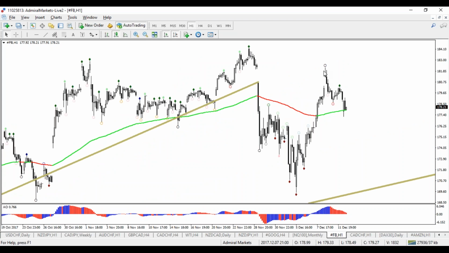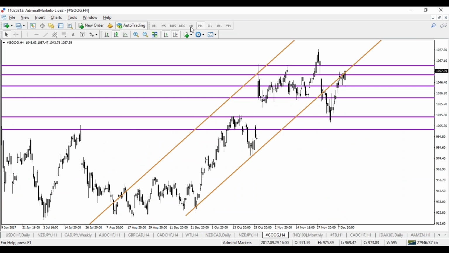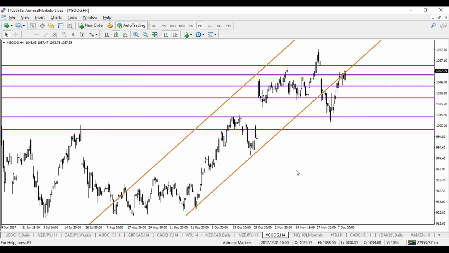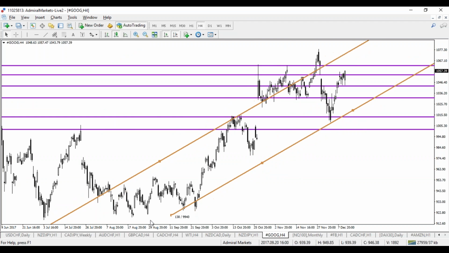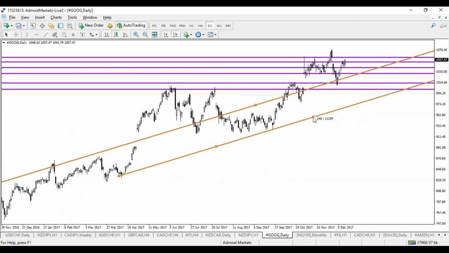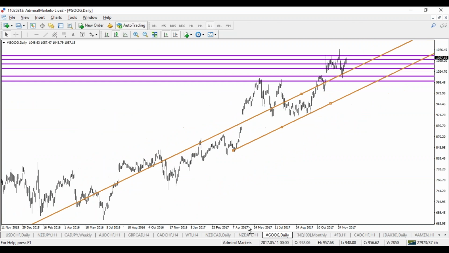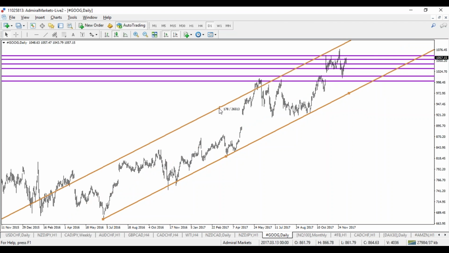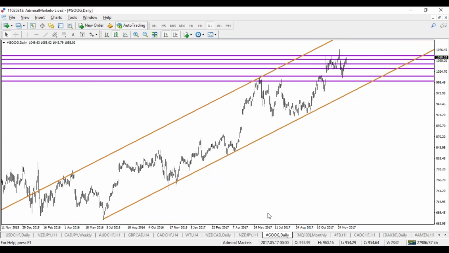Facebook also made a rally, but struggling a little bit here. Google seems to be going back in this channel, so maybe better to correct this channel a little bit like this. There we go.